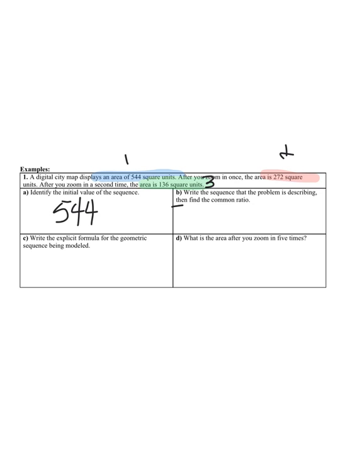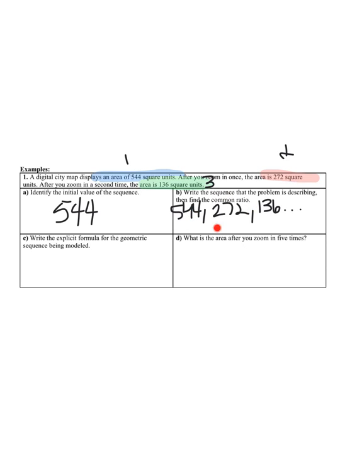I've got 544, then 272. My pen is not cooperating with me today. And then lastly, 136. And we can just keep going in that fashion. And now I want to know, okay, how do I get from this term to this term, from this term to this term? And I know that I have to multiply.